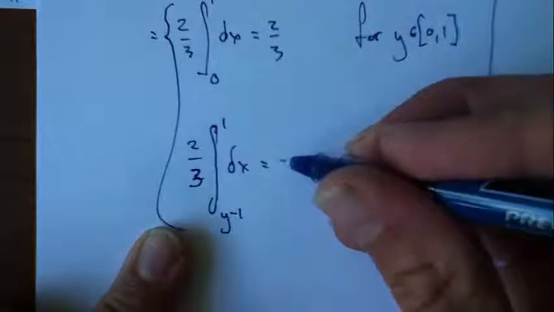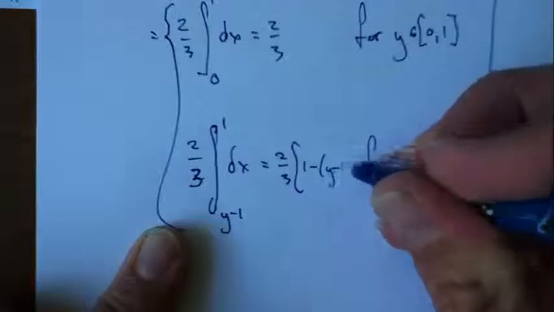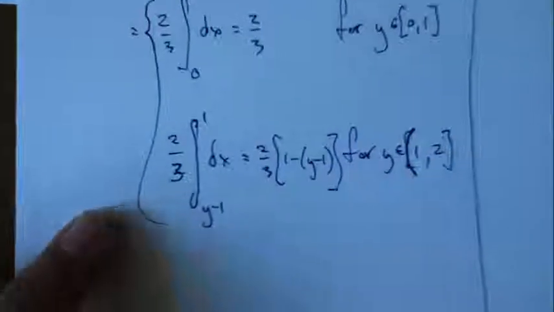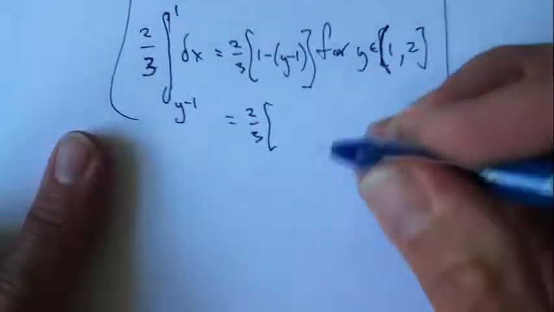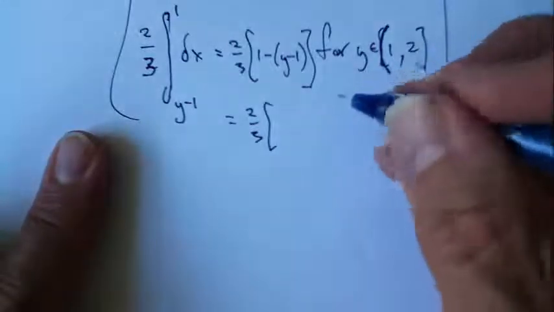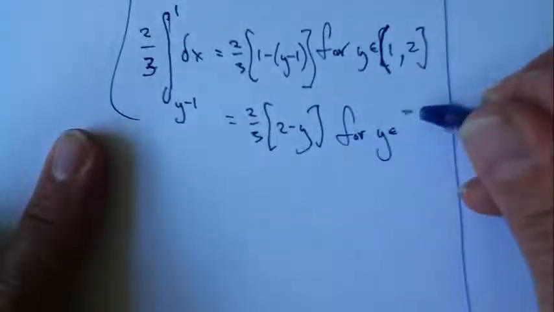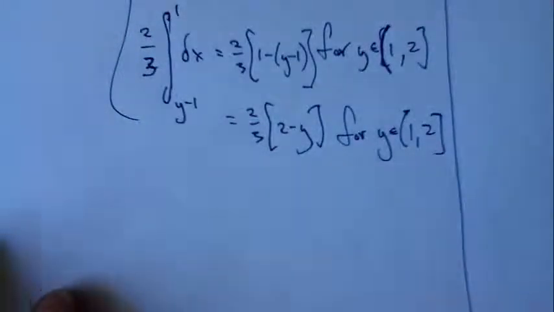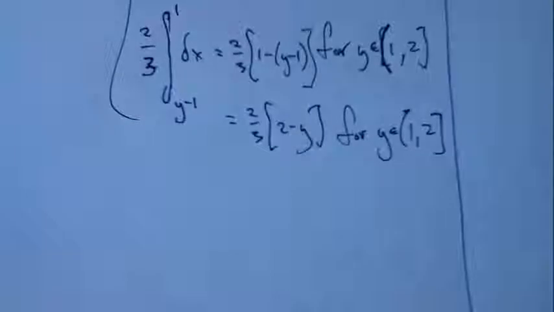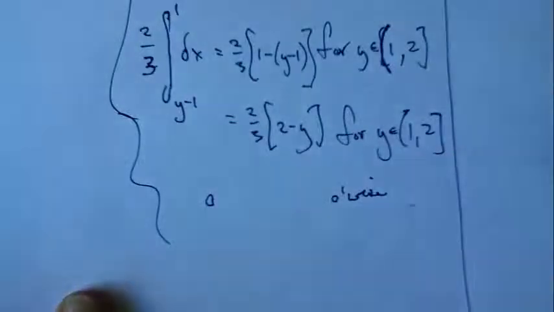That's 2/3 times 1 minus (y minus 1), or 2/3 times (2 minus y), for y in 1 to 2. And of course, it's 0 otherwise, for any y outside of that interval from 0 up to 2.